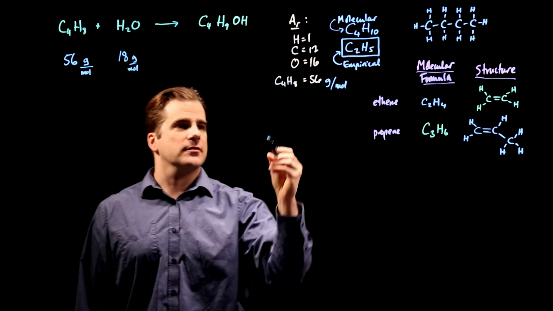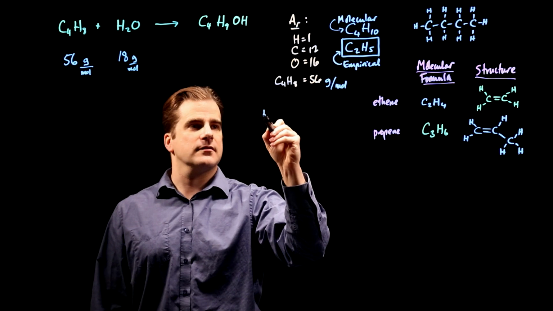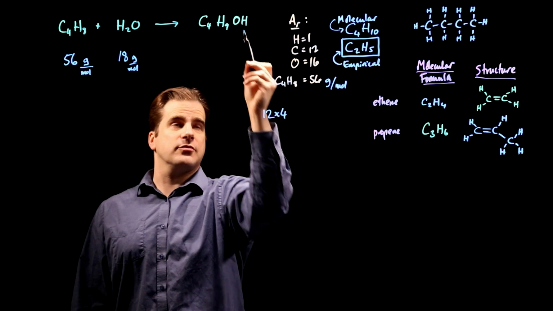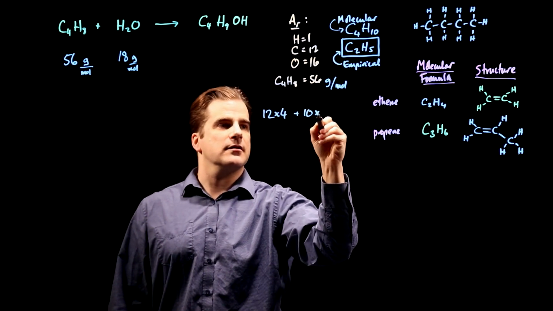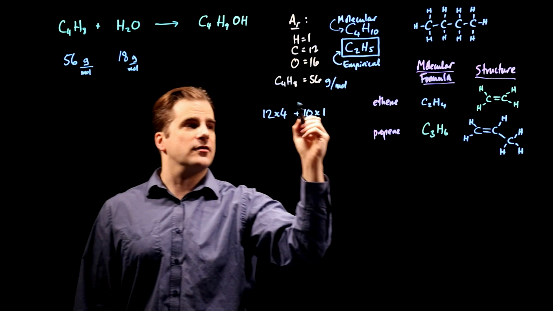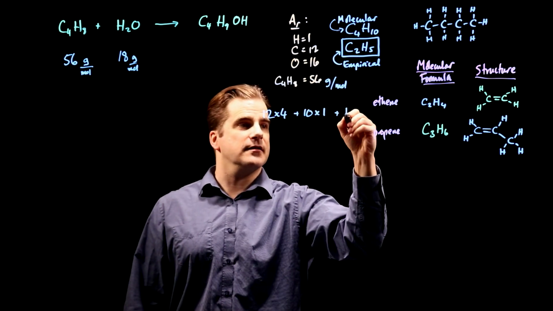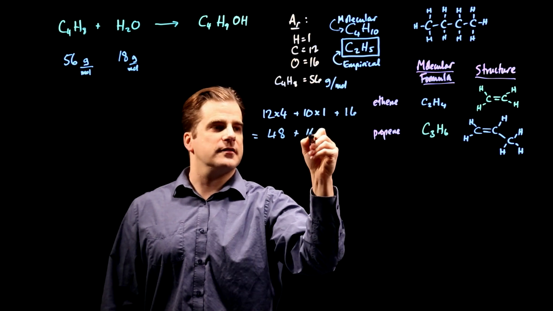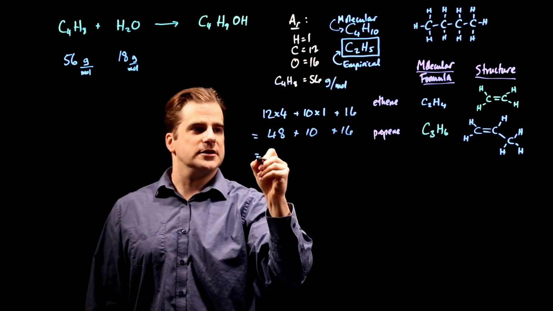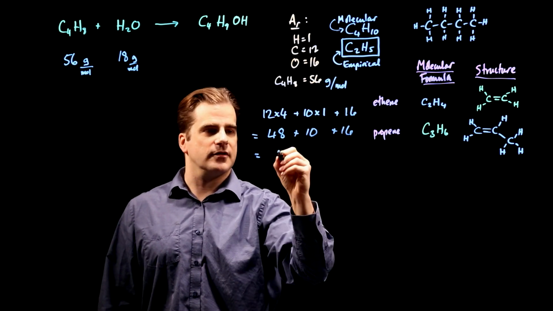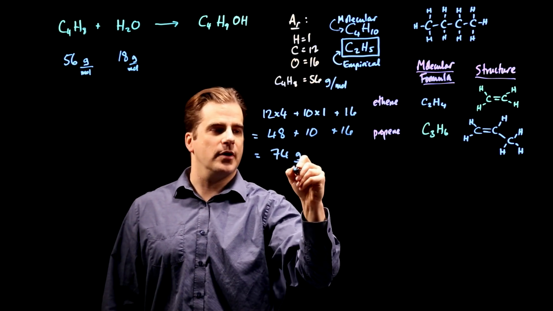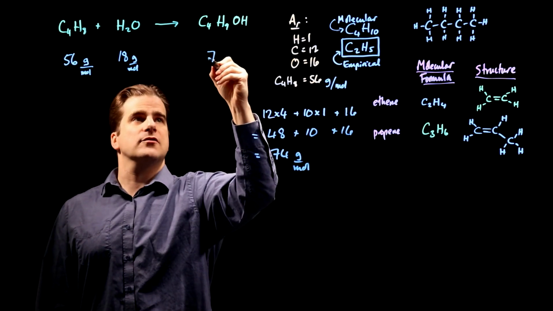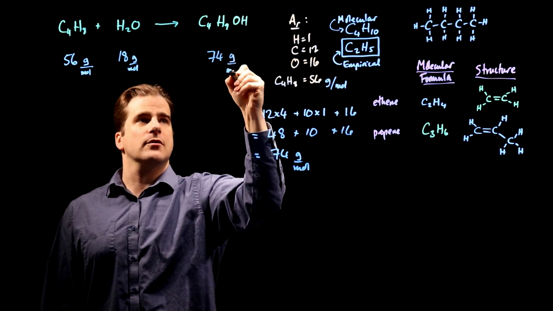Okay, butanol. C4, that's 12 times 4 because carbon is 12. It's got 10 hydrogens and it's got 1 oxygen, which is 16. So that is 48 plus 10 plus 16, which is 74 grams per mole. Okay, so in the column underneath, write it in. Butanol is 74 grams per mole.